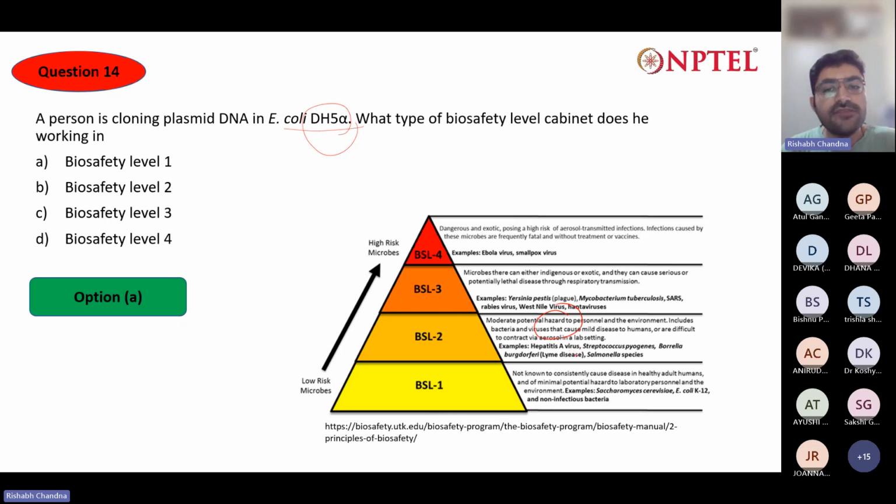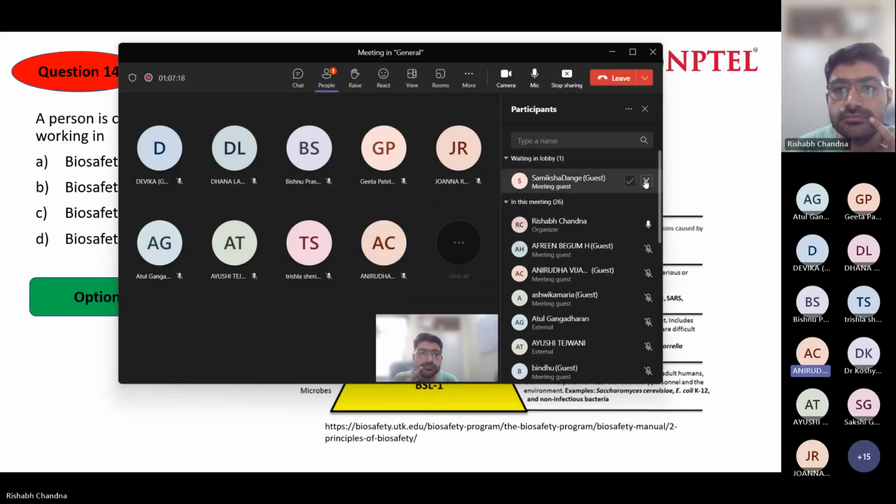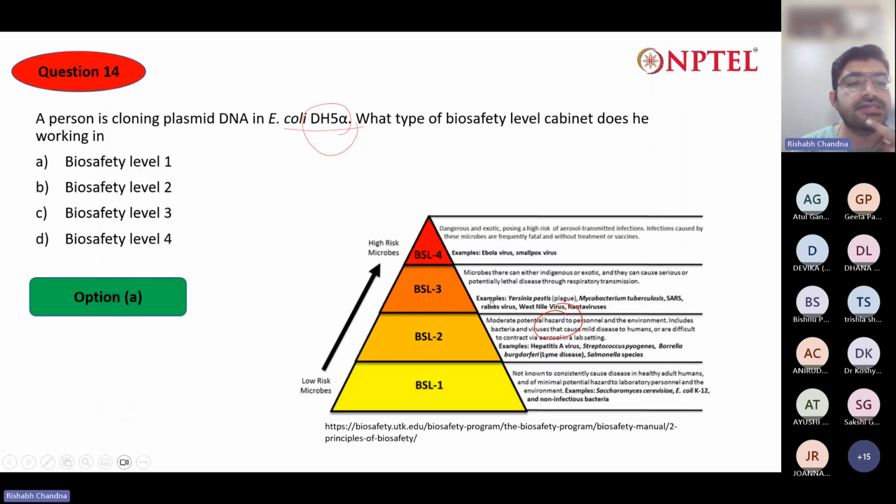For example, hepatitis A virus can be included in BSL2, because it is not communicable in that way. It is transmitted through food or other routes, so it is not infectious in that way, and we can use it in BSL2.